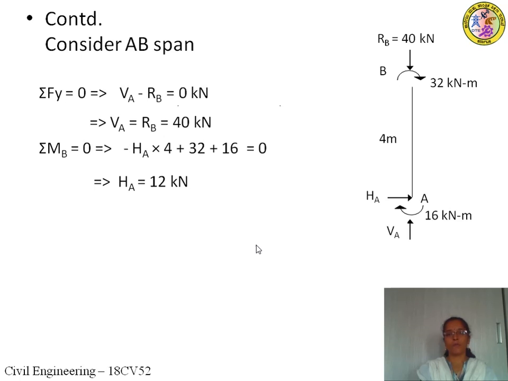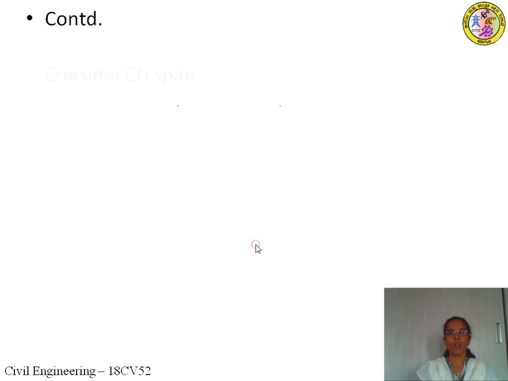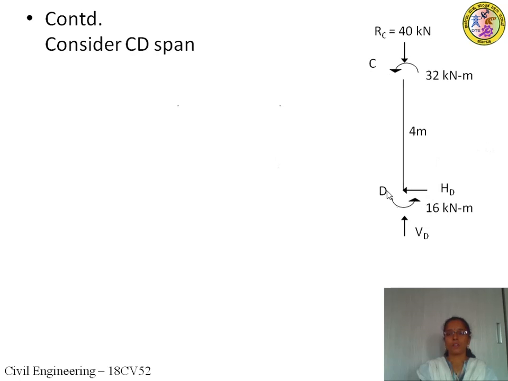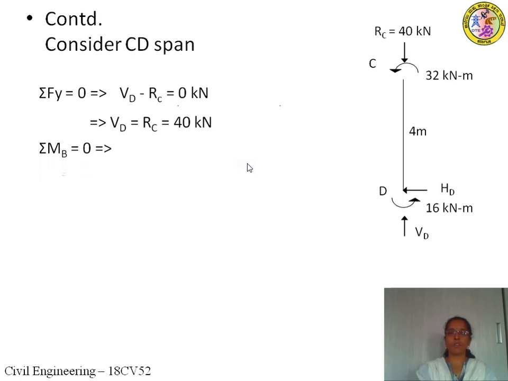Next we will consider the CD member, along with the horizontal reaction HD in this direction and the reactive support moments. Apply sigma Fy is equal to 0, which implies Vd minus Rc equals 0. Therefore, Vd equals Rc equals 40 kilonewton. Next, take moment of all the forces about C, not B, about C equals 0.